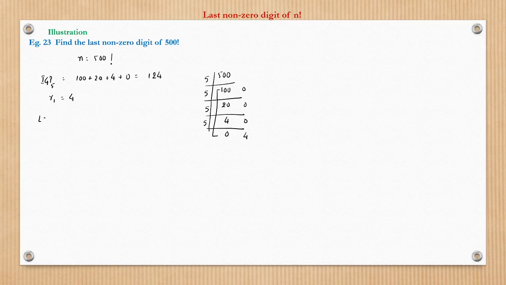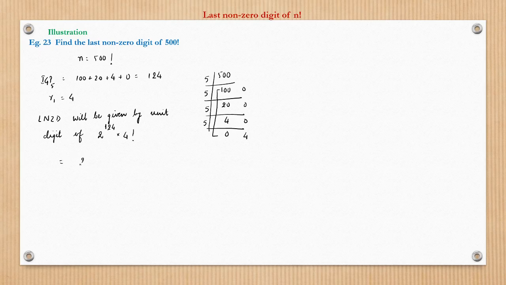So the last non-zero digit will be given by the unit digit of 2 raised to power IGP, which is 124, into R1 factorial, which is 4 factorial.